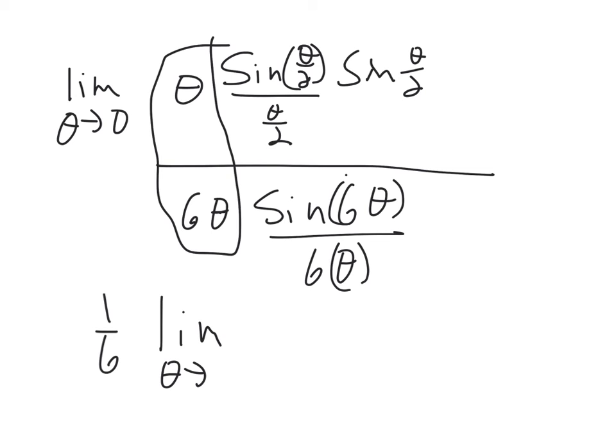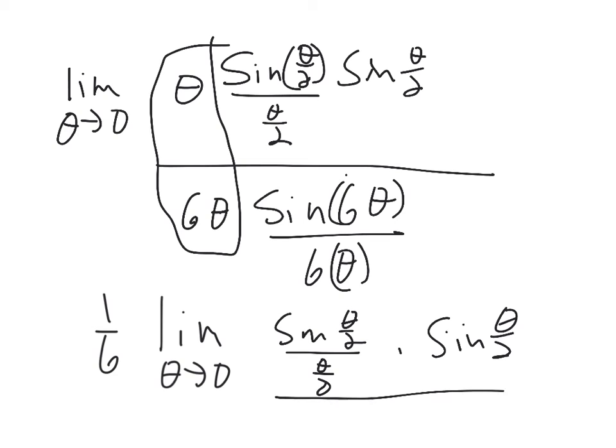So I've got sine of theta over 2 over theta over 2 times the sine of theta over 2, all over sine 6 theta over 6 theta. The 6 is gone; I took care of that.